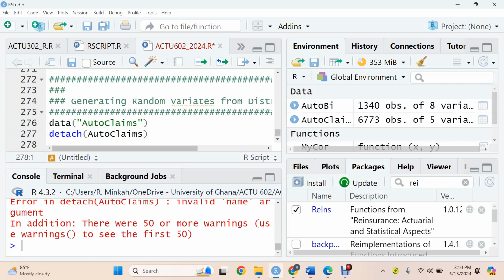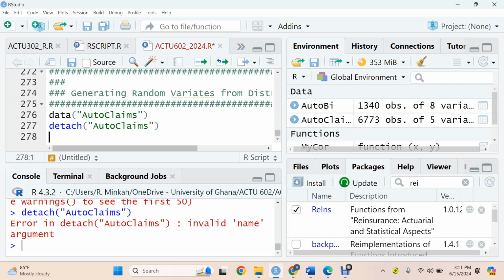okay, invalid name, let me see. Oh, sorry. That is to detach a package. Yeah, so it's the package that I need to detach, and then I won't have it.